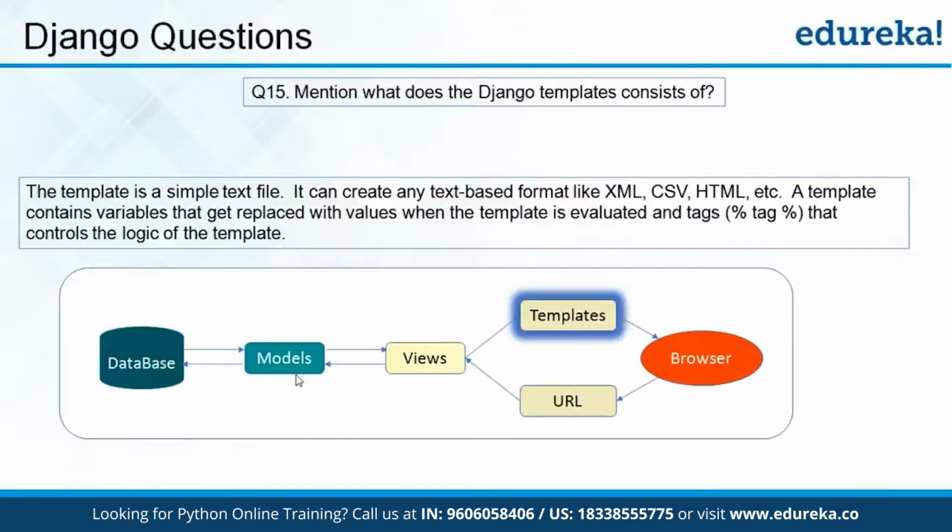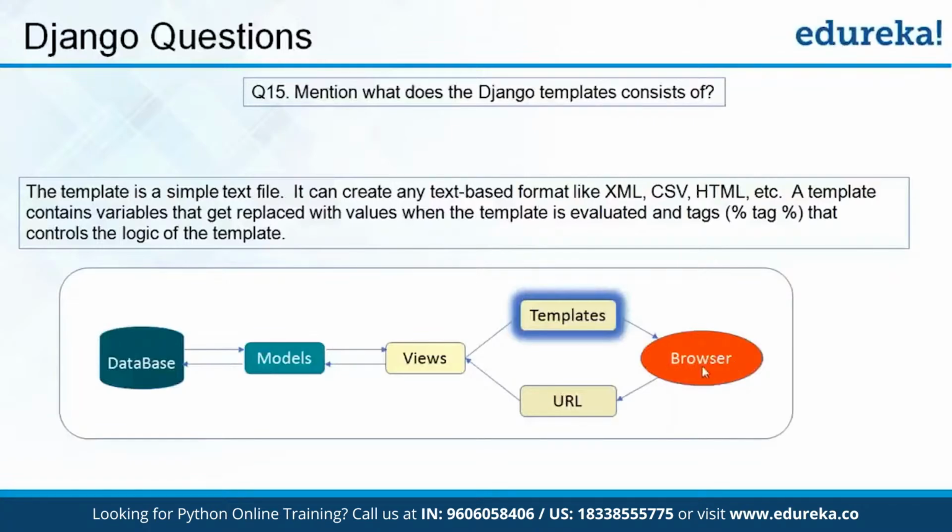You've got your database model, which is controlled by the models.py file. You've got your views.py file. You've got a separate templates folder which contains the various templates, and you have your URLs or URL views. Basically, you create your routes, which are your URLs.